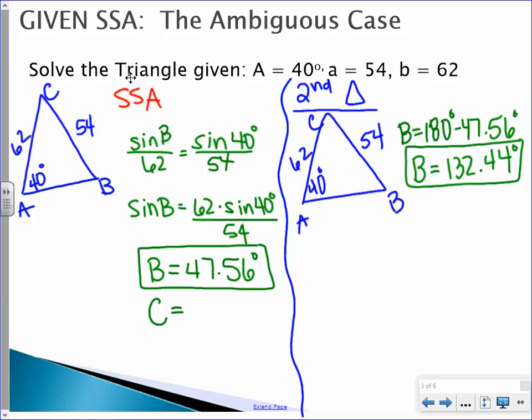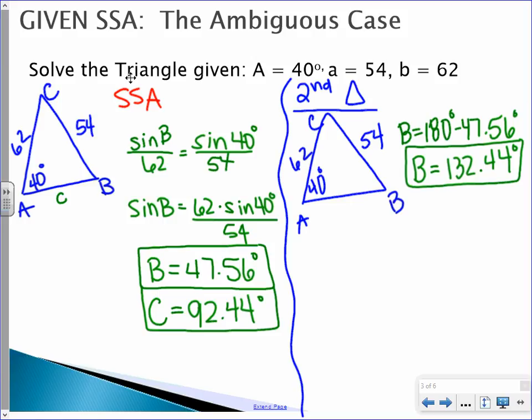What's left over to make 180? Then we need to find side C.